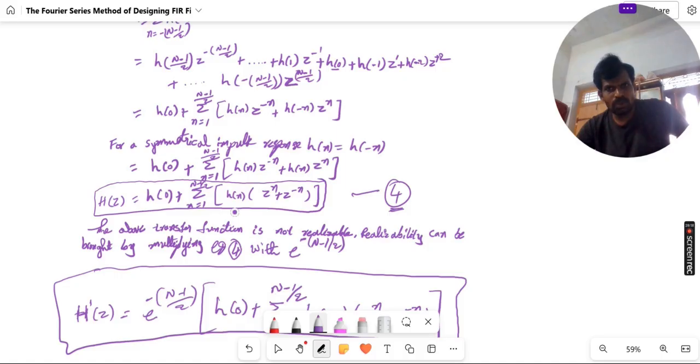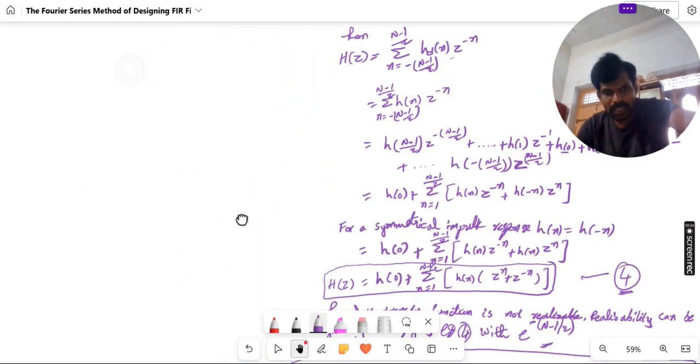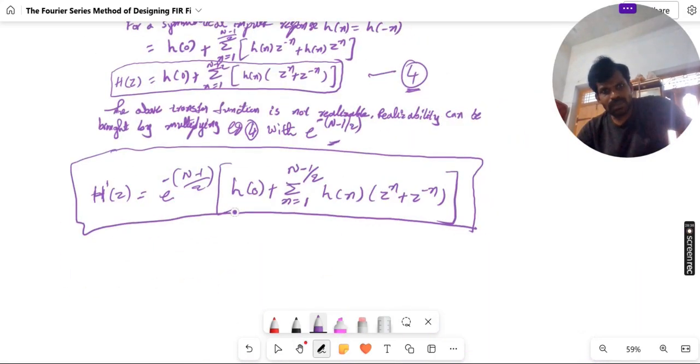So to make the transfer function realizable, we multiply with e to the power of minus of N minus 1 by 2. That gives the realizable transfer function of an FIR filter.